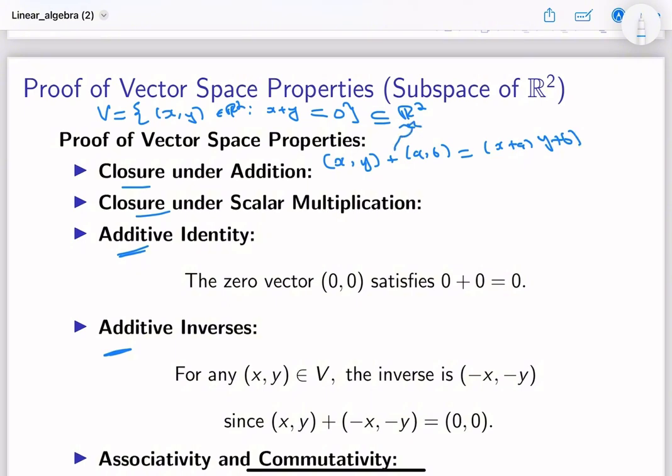Let me just write things here. Start with xy and ab in V, okay?